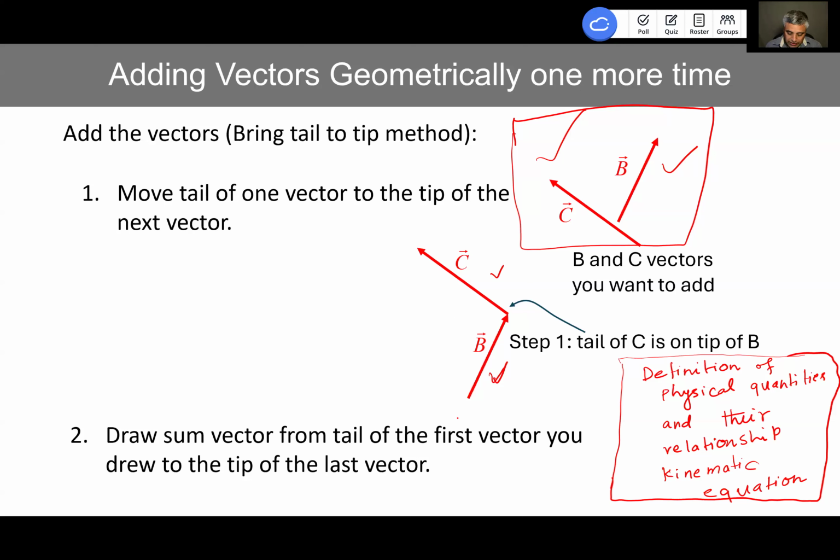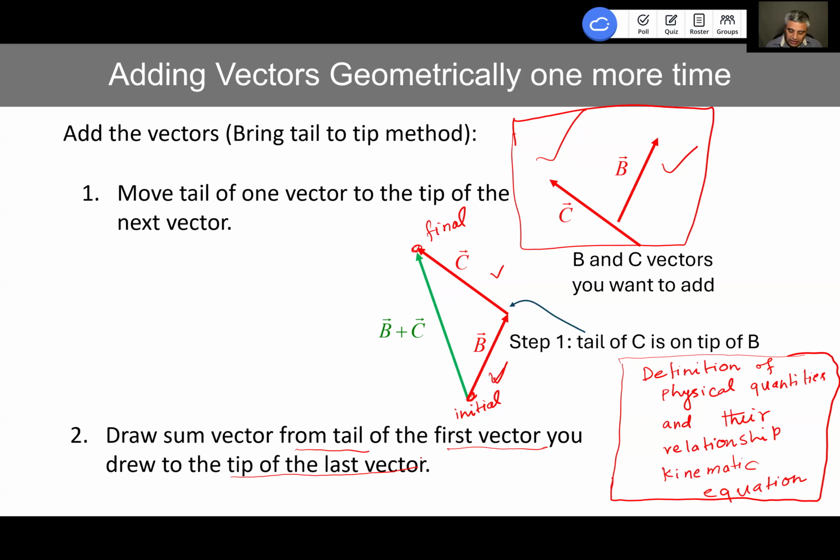So this being initial position, initial point from where the object starts to move, and this being final, remember displacement vector we draw from initial position to final position. And that drawing is like an aerial distance, straight, okay? So that's why you see in the second step, we are doing this. So from the tail of the first vector to the tip of the last vector, right? So that gives you the displacement.